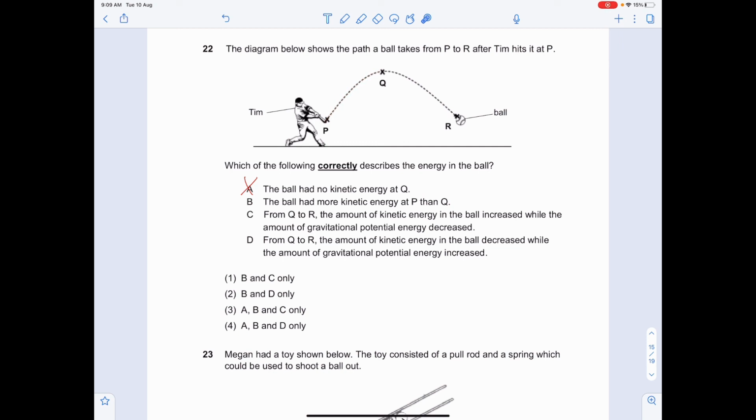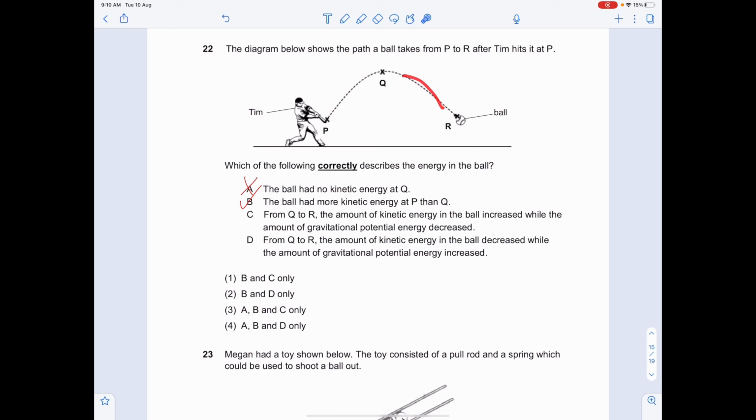So from Q to R, the amount of kinetic energy increases while the amount of gravitational potential energy decreases from Q to R.